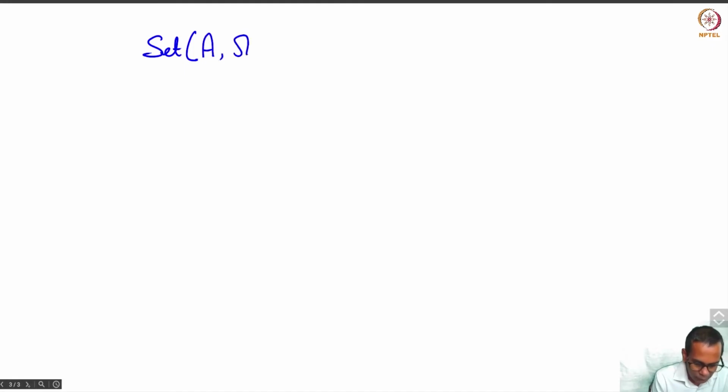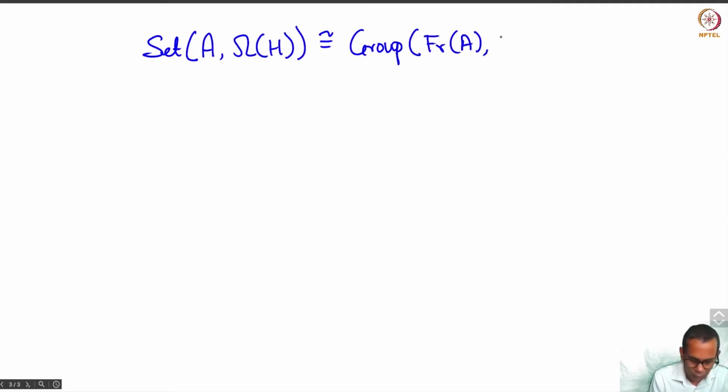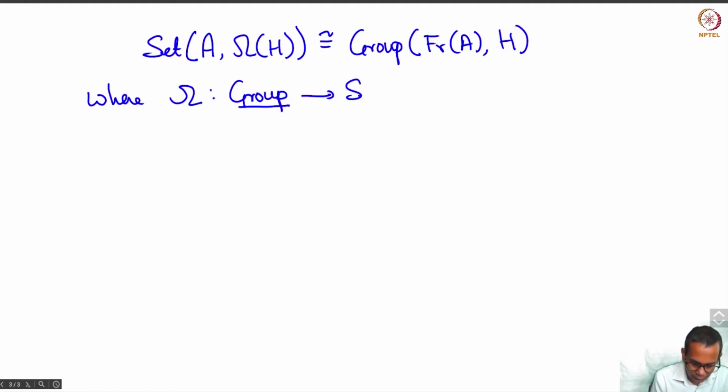Viewed in another way, we have that set arrows, or arrows in the category of sets, from A to omega H is the same as group arrows from free A to H, where omega denotes the forgetful functor from the category of groups to the category of sets. Now this kind of situation is known as adjunction.